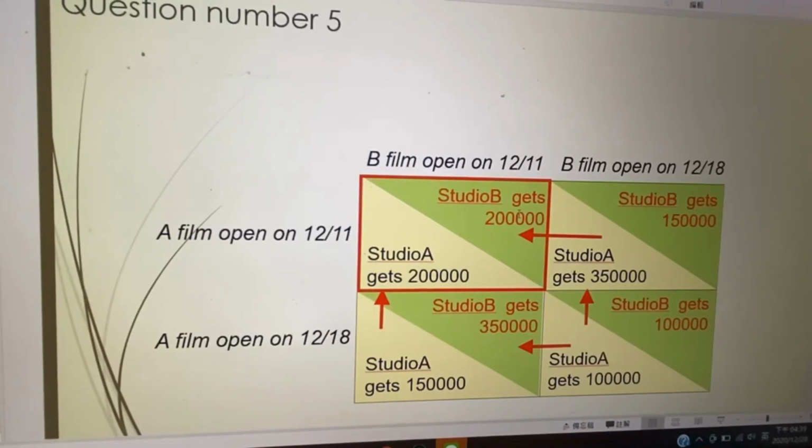And if Studio B opens on December 11 and Studio A opens on December 11, they will both get 200,000 tickets.